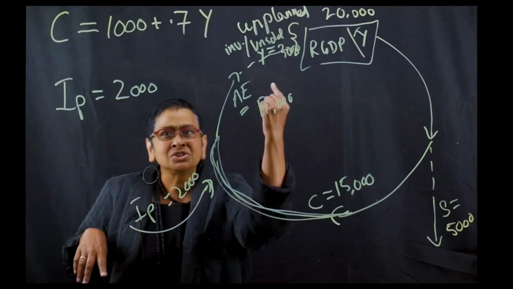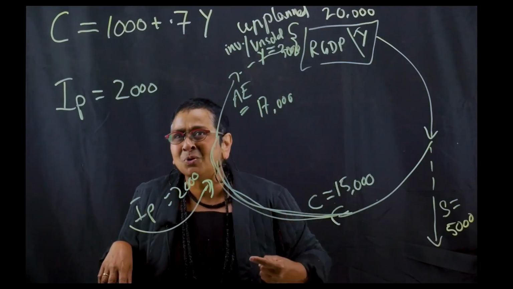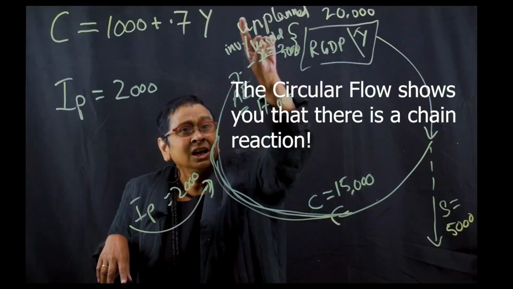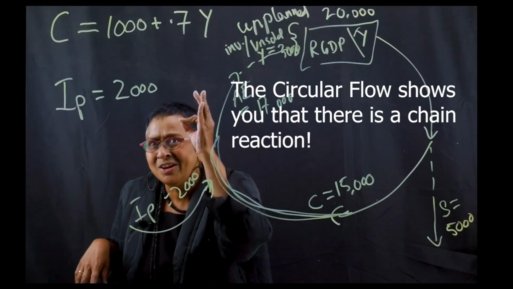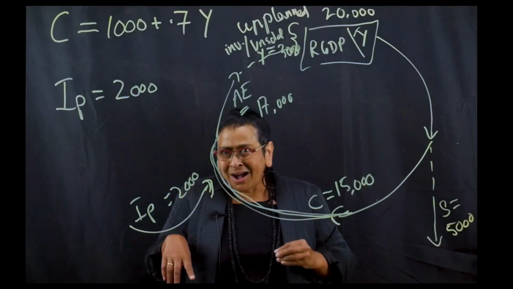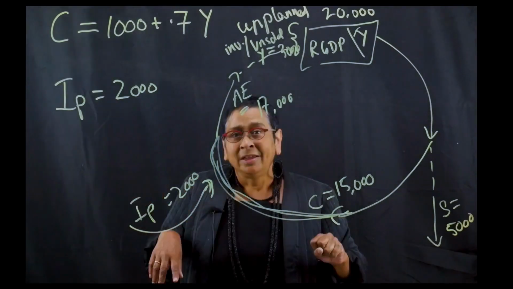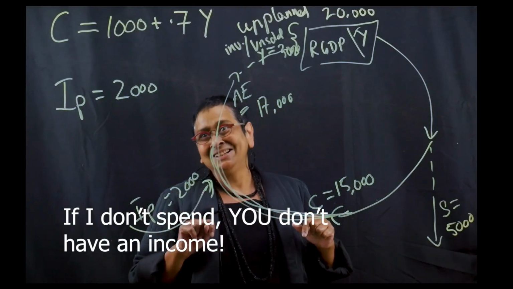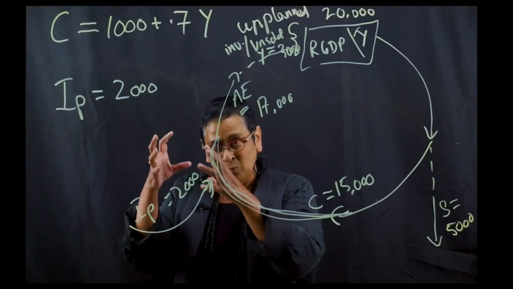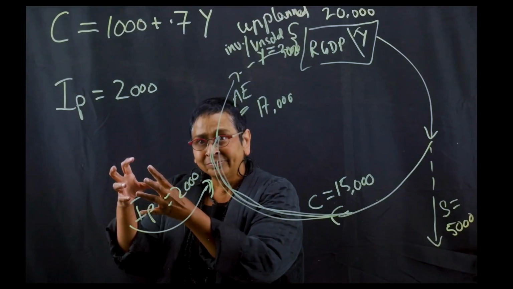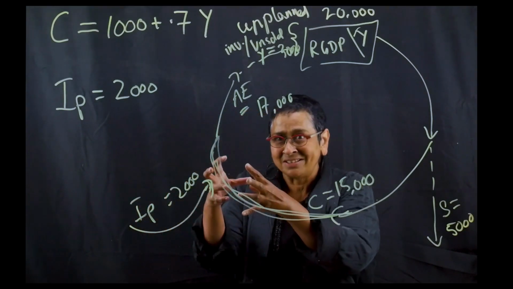So what you're seeing, and this is what Keynes is pointing out, is that the circular flow shows you that there is a chain reaction. My spending is your income. If I don't spend, you don't have an income. And that, he said, causes a recession. That takes one person's income loss and makes it the second person's income loss.